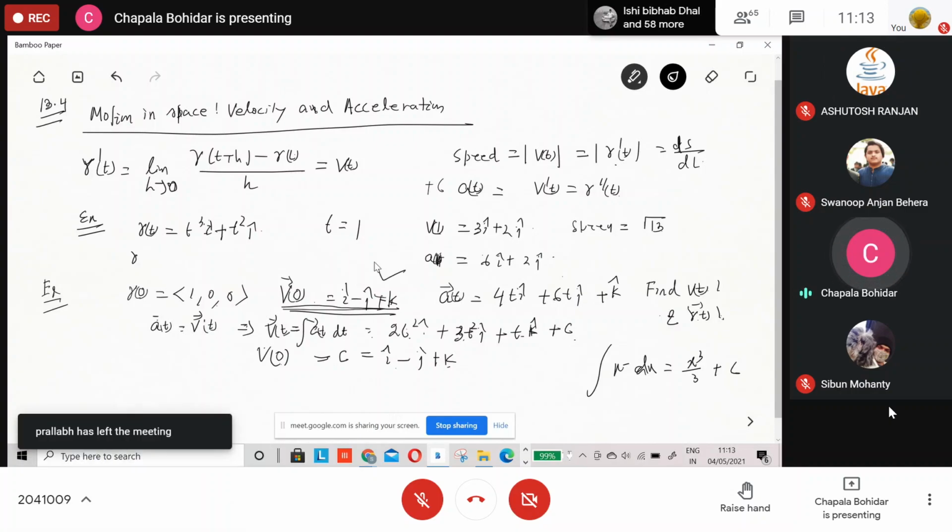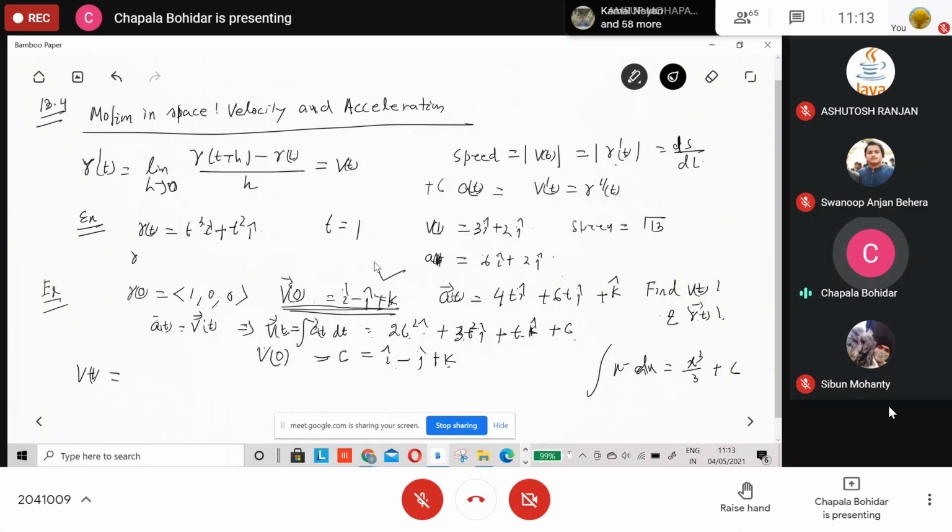So we write v(t) is equal to, now, what do you write down? 2t square plus 1 i cap, plus 3t square minus 1 j cap, then plus t plus 1 k cap.